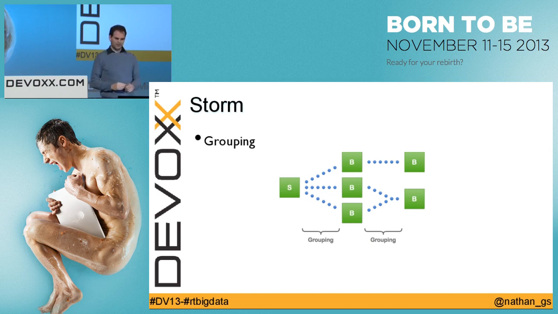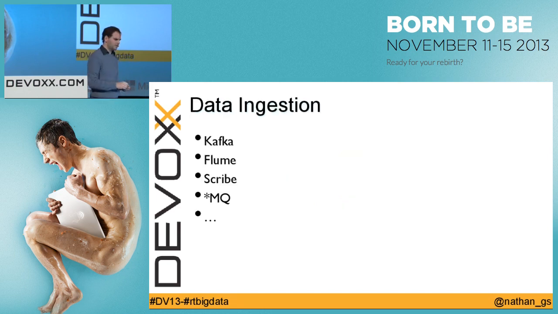If we're looking at the data ingestion side, a queuing system like Kafka or Flume or one of the many MQs like RabbitMQ might do the job and is a good candidate for it.